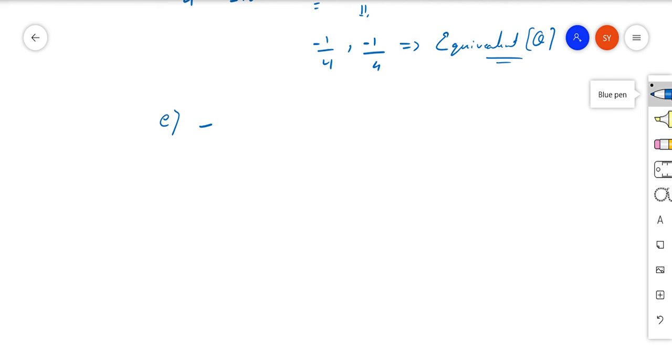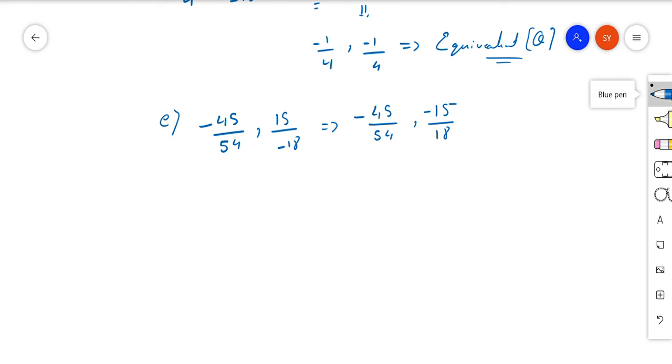E: minus 4 by 45 and 54 by 15 minus 18. Again, first step, we'll take the negative sign on the top, that is in the numerator: minus 45 by 54, and the other will become minus 15 by 18.